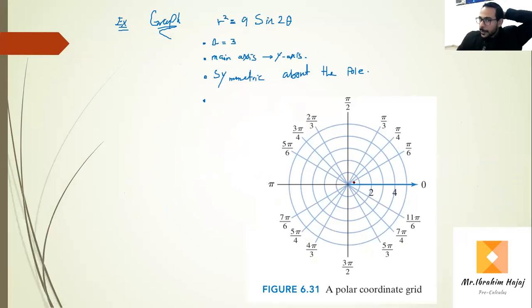Okay. About what, guys, here? Sine 2 theta, right? So we have to move to pi over 4. Okay, pi over 4, and I'm going to move here 3, 1, 2, 3, and put a dot. And on the other side, 1, 2, 3.